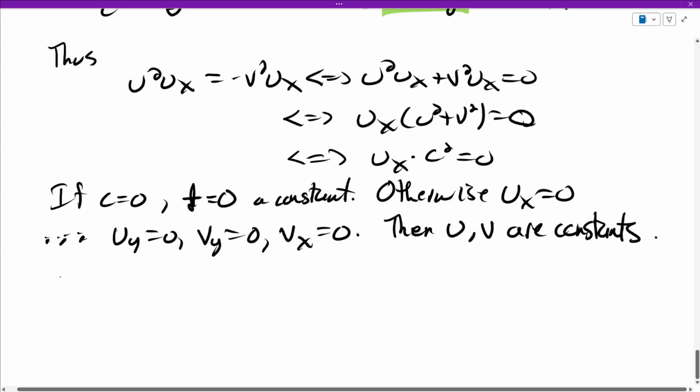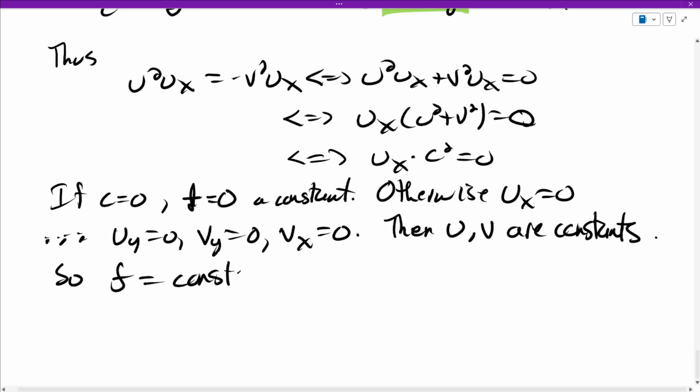So f is a constant because it's u plus iv. All right, great. So that is the first part. If your modulus is constant, f must be constant. This is a good fact to remember.